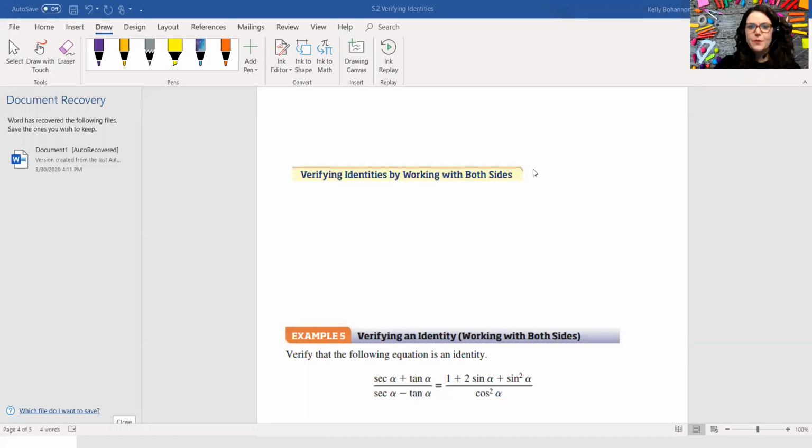Okay, so we're moving on to example 5, and in order to do example 5, we need to know a little bit more about verifying identities when we have to work from both sides. So this is where these get just a little bit more complicated.